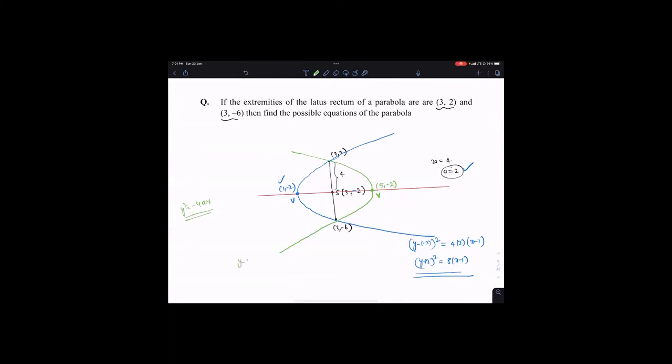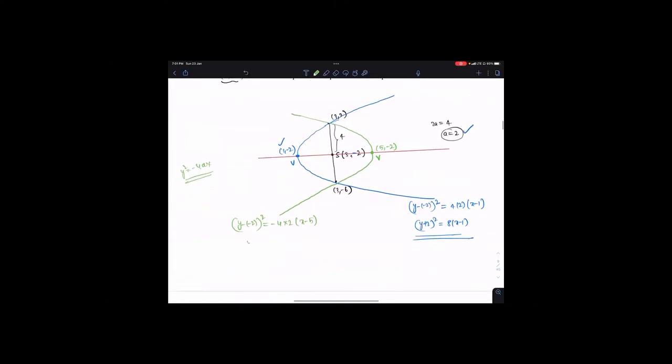So the equation will be (y - (-2)) whole square equals -4a times x. Correct? So -4 into a, which is 2. Instead of x, again, you will write x - 5. So finally, the equation will be (y + 2) whole square equals -8 times (x - 5). Okay. So these are the two possible equations.